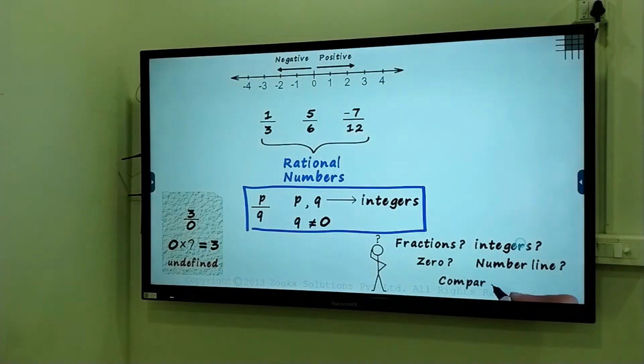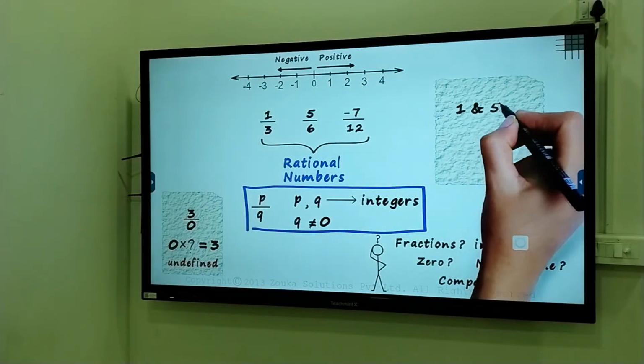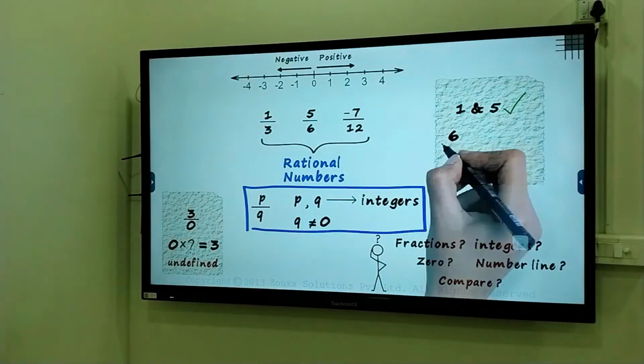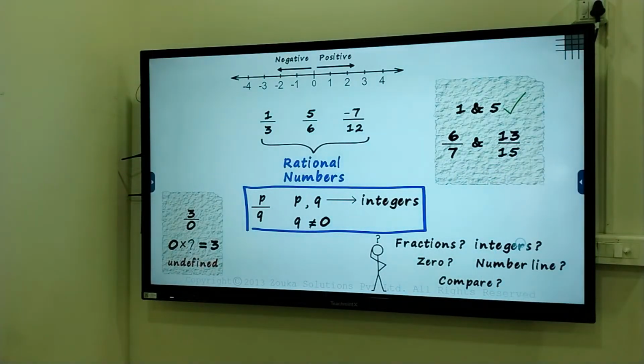And how do we compare two rational numbers? For example, if you're asked to compare 1 and 5, you could easily say that 5 is greater of the 2. But what if you're asked to compare numbers like 6 by 7 and 13 by 15? How would you find out which one is greater? Don't worry about it. All these questions will be answered in our videos on rational numbers.